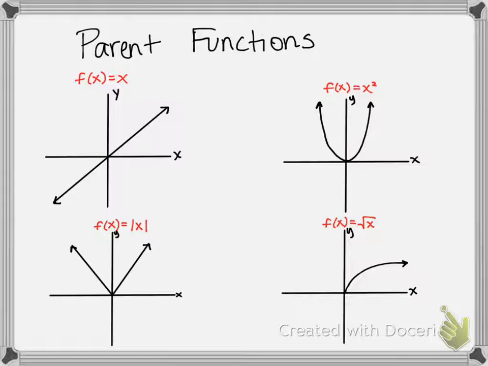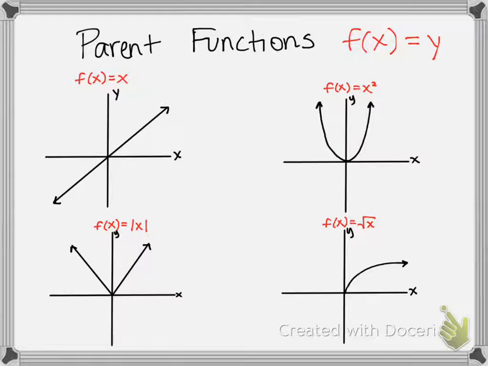So notice that I started using what's called function notation. So I'm using f of x instead of writing y, but know that they are the same thing. So again, f of x is the same thing as y. They are interchangeable. So the first parent function is where f of x or y is equal to x.